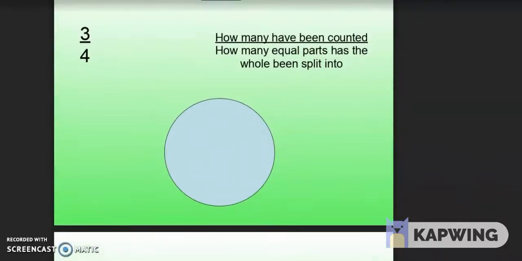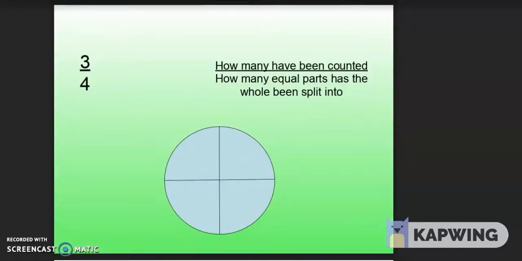So if we have a circle here for an example, and we were going to split this into parts, how many parts are we going to split it into, kiddos? Yep, you're right, we would split it into 4 parts. How many of those are we going to count if we were going to shade those in? What do you guys think? Yep, we're going to be shading in 3 of those 4, so it'd be 3/4.